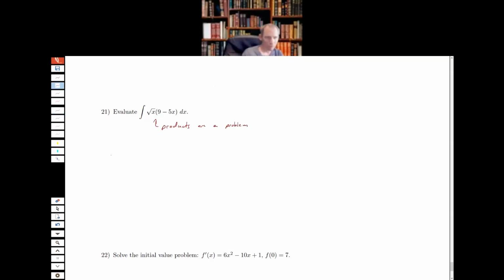So what I need to do is first algebraically do something so that I don't have a product anymore. So I can write this as x to the half times 9 minus 5x. And I'm going to distribute this x to the half so that I have 9x to the half minus 5x to the 3 halves. And now I don't have a product.